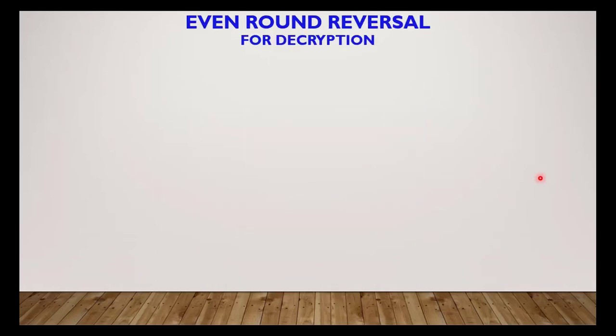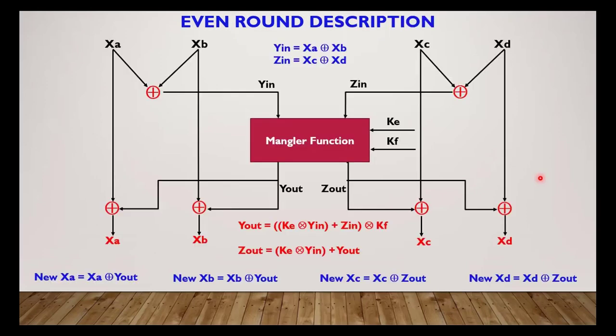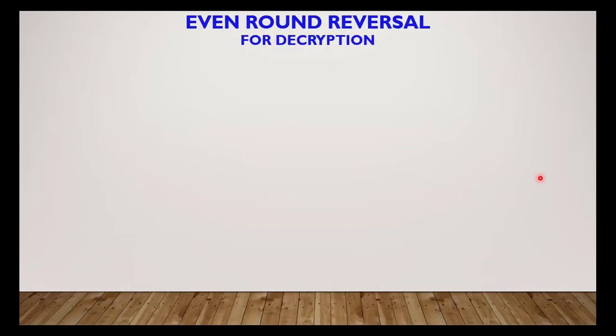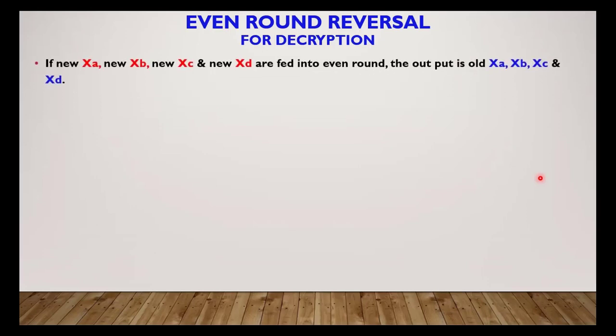Now, even round reversal. As we saw in this slide, it is an encryption process, and if we go for the decryption process of even round, we have to go for the reversal of this round. For that matter, if new XA, new XB, new XC, and new XD are fed into even round, the output should be the old XA, XB, XC, and XD.